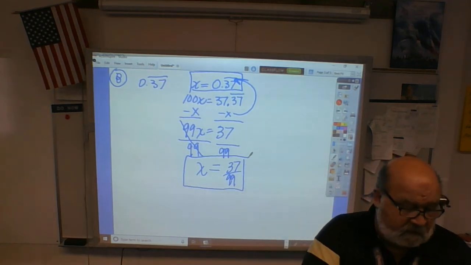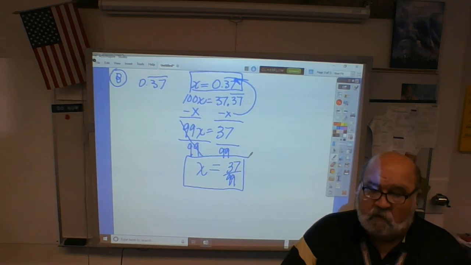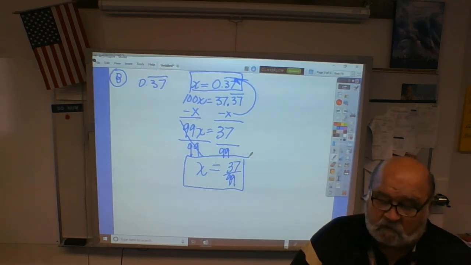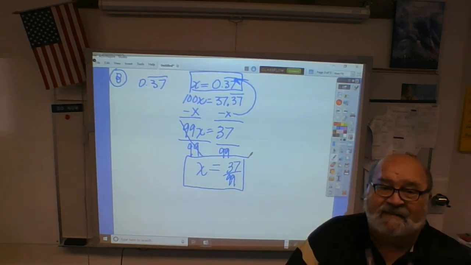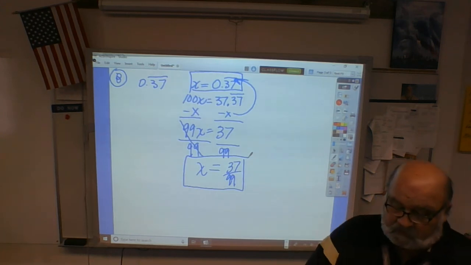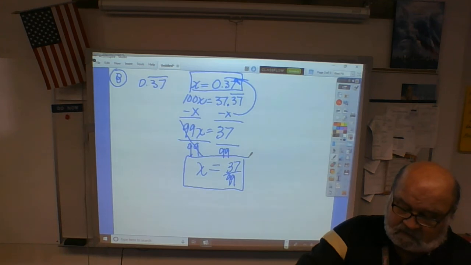Now, we're going to talk about finding square roots and cube roots in our next lesson, which is beginning on page 9 and page 10.